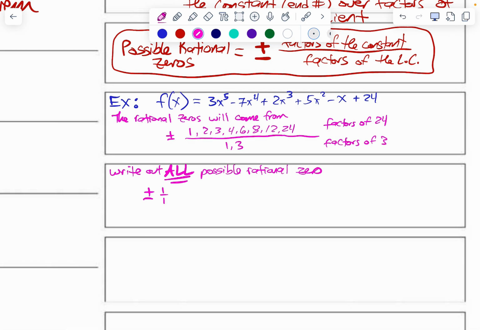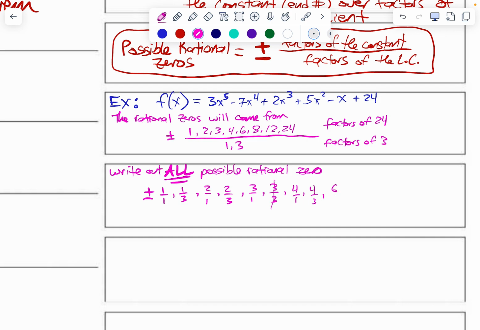So it's 1 over 1, 1 over 3. 2 over 1, 2 over 3. 3 over 1, 3 over 3. But this is just 1, so cross it off because we already did it. I'm just writing it to show you where it's coming from. 4 over 1, 4 over 3. Does everybody see where we're coming up with this list?